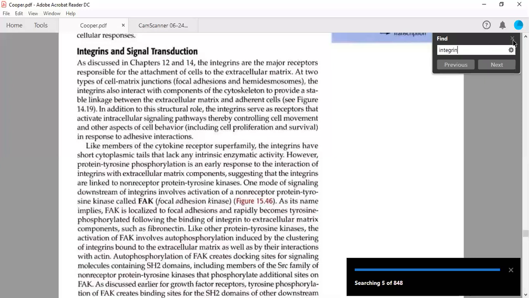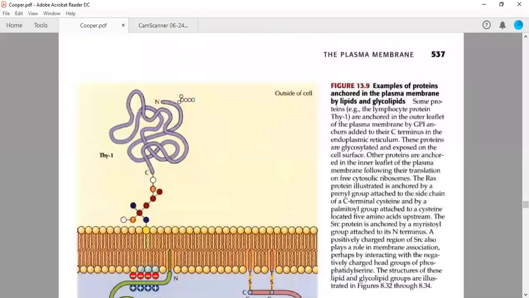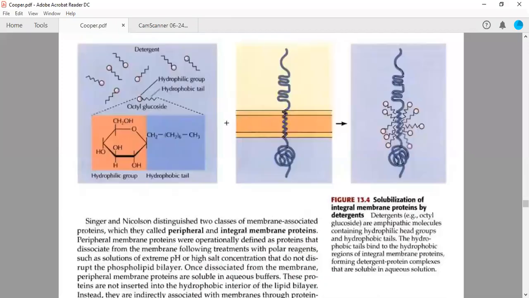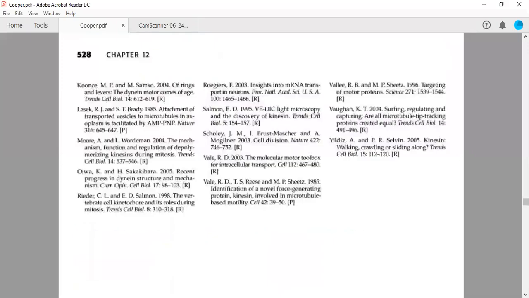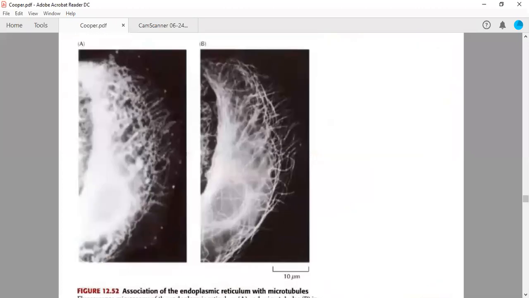Oh, this is not able to find, but actually these integrins are given somewhere, not in this chapter actually.